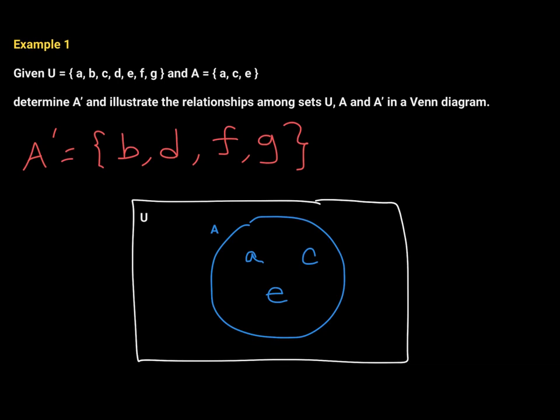The elements that belong to the universal set but are not in set A are those elements that are the complement of A. So that would be B, D is out here, F is out here, G is out here. And again, this is the complement of set A. So that would be the Venn diagram that illustrates the relationship between these three sets.